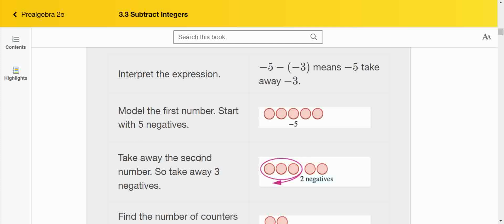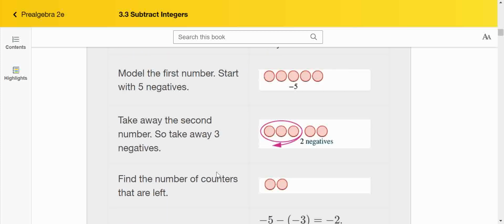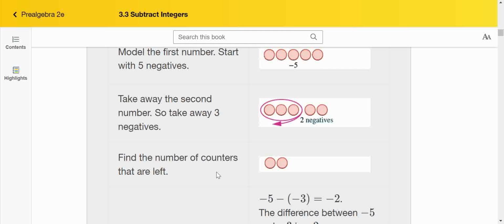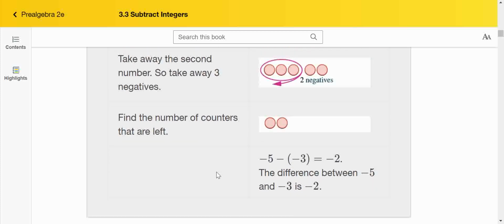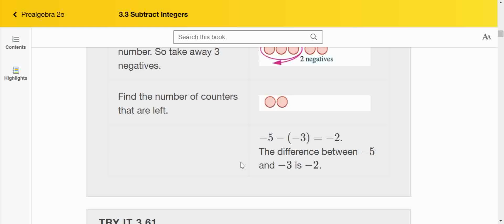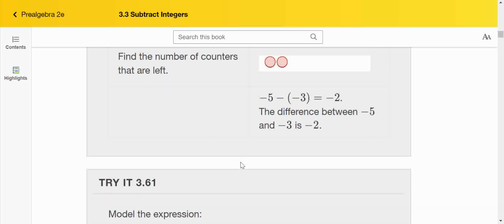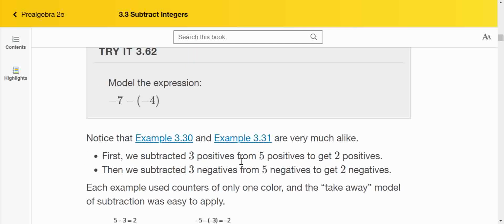Take away the second number, so take away 3 negatives. Find the number of counters that are left, and you'll see there are 2 negatives, and we read this as negative 2. So the difference between negative 5 and negative 3 is negative 2. We have a couple try-it problems.